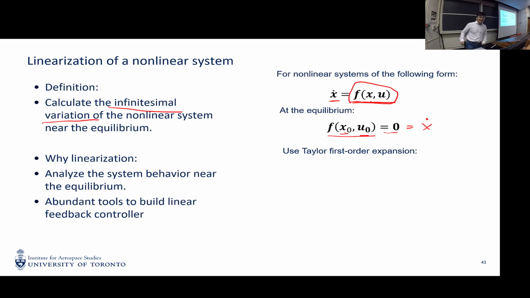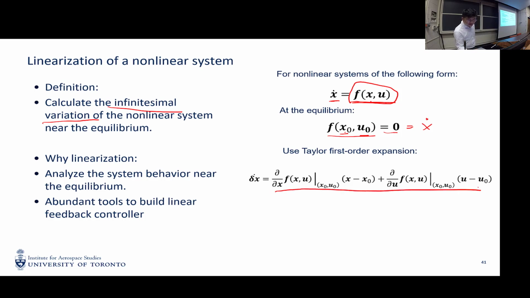Okay. So then, what if we have a small deviation from the equilibrium? According to calculus, we have Taylor expansion, right? So if the deviation is small, then we can approximate the effect of the small deviation by using the first order approximation. Basically, it means that we use a Jacobian of the function.